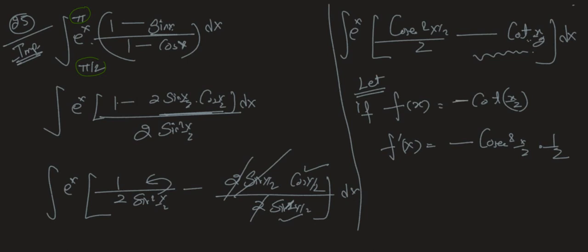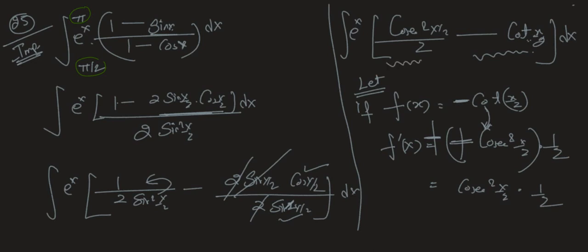The derivative of cot is minus of cosec square, so minus and minus become plus. So it is cosec square x by 2 into 1 by 2. This is the derivative.